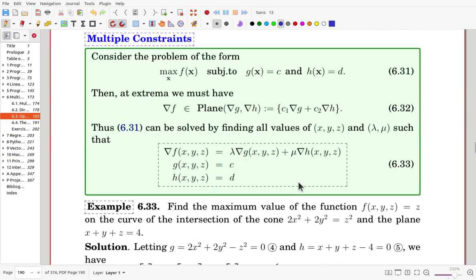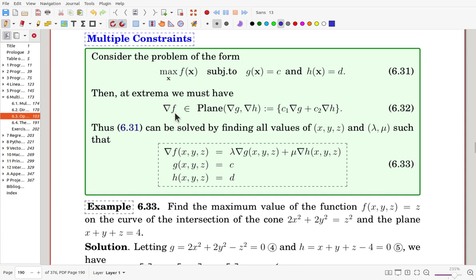Okay. Now, finally, in this section, we'll consider multiple constraints. Consider this problem. Now, maximization of f of x subject to these two equality constraints. Then we'll consider the geometric interpretation of when an extremum happens.